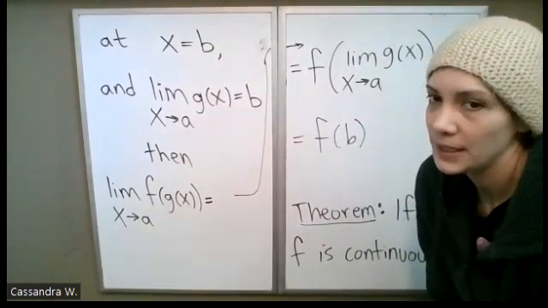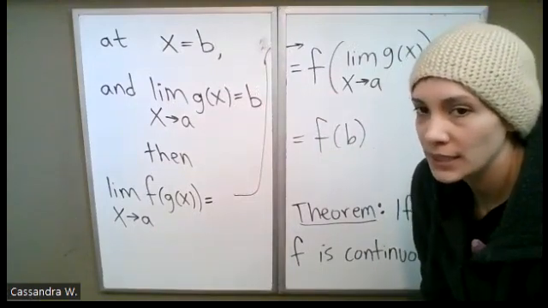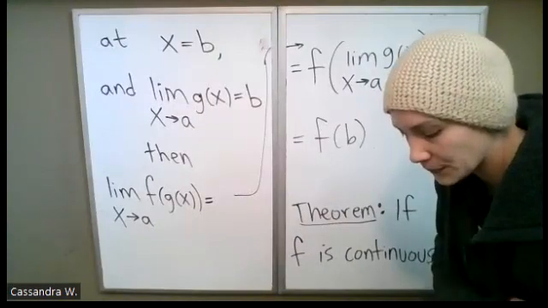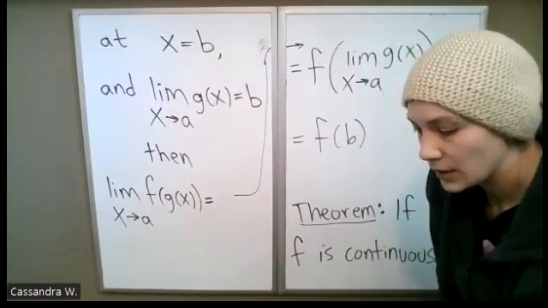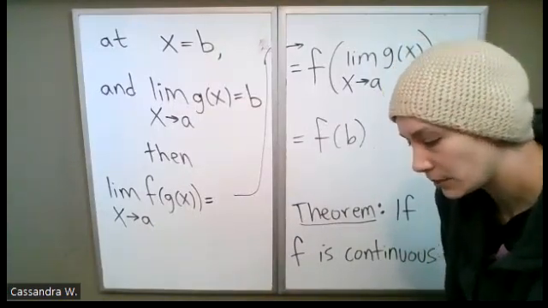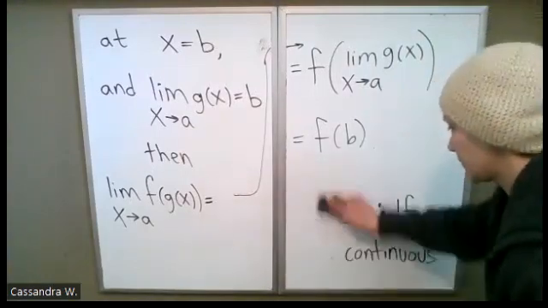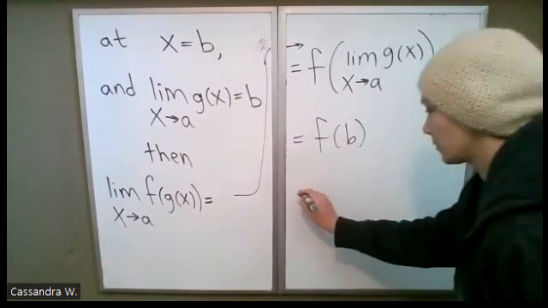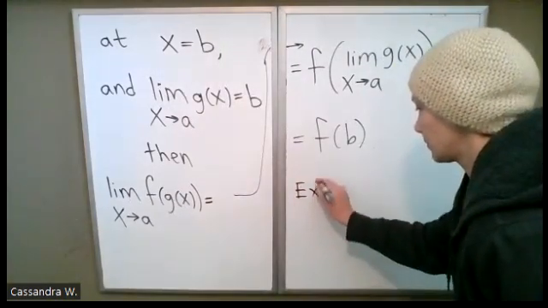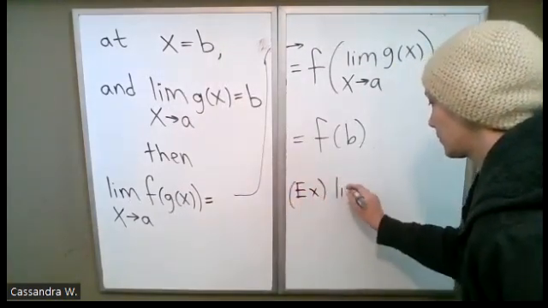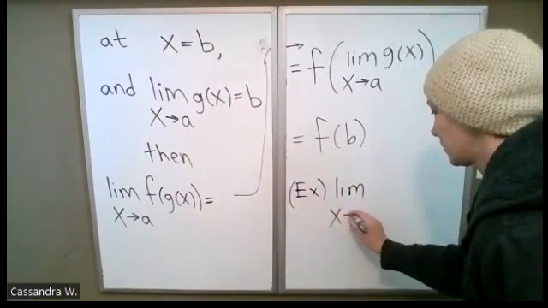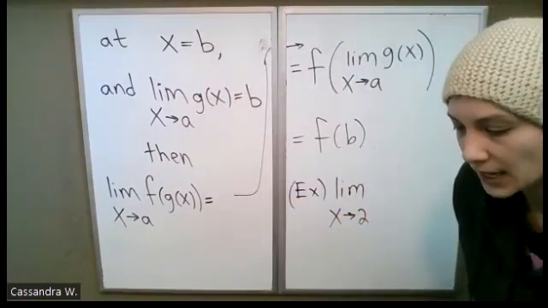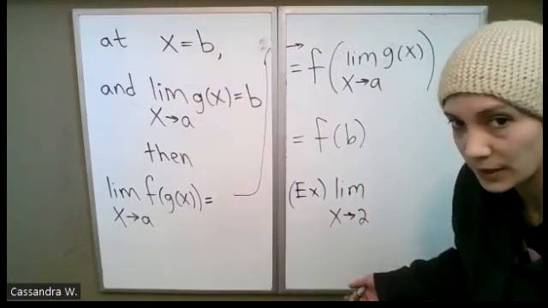Okay, and I only have like 2 minutes, but I'd like to do one example, and we'll come back next time and do like 2 more examples. Okay, we're going to do the limit as x goes to 2 of ln of 9 minus x squared.